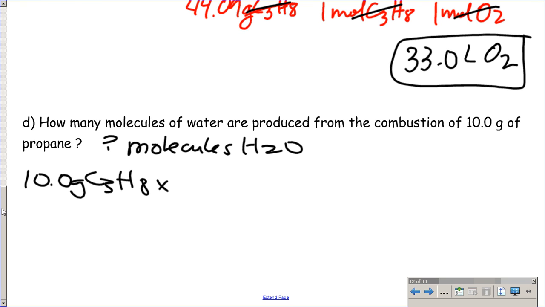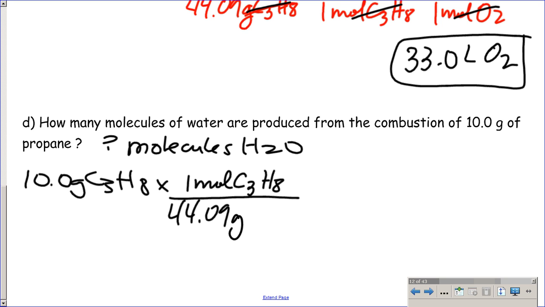Give me where I have to go. I like that you guys participate, so you're reassuring yourselves you're correct. So going to moles, right? 1 mole of propane. What was the molar mass again? 44.09, of methane, I mean propane. Jeez. Okay.